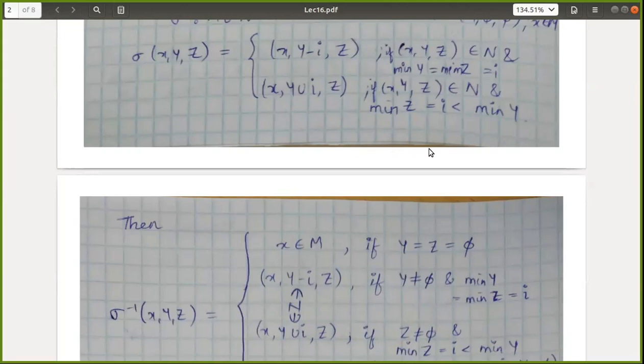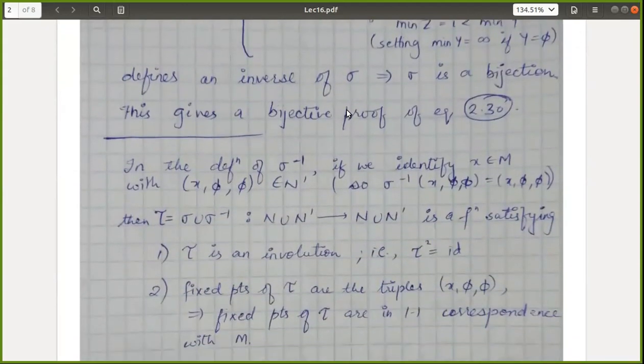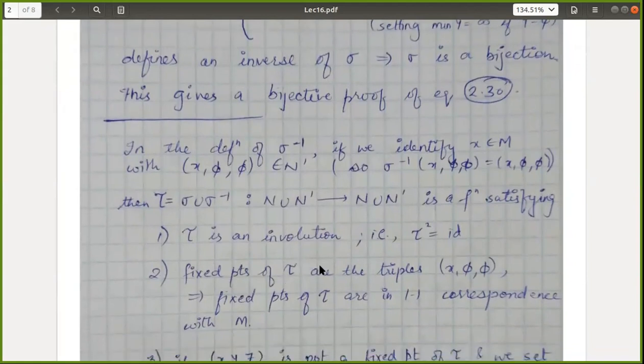Yes, ma'am. So no matter which element you attack on, if you apply the same function twice, what you're left with is the element you started with. Such functions are called involutions. And fixed points of tau are the triples x, empty, empty, which means they go to themselves because you have already identified them, right?